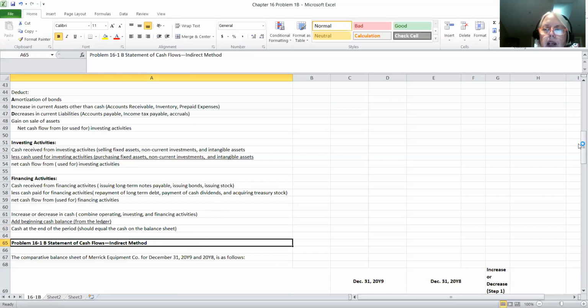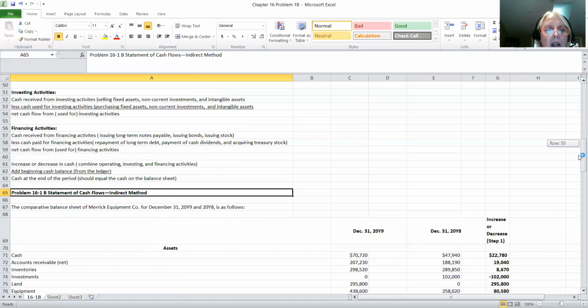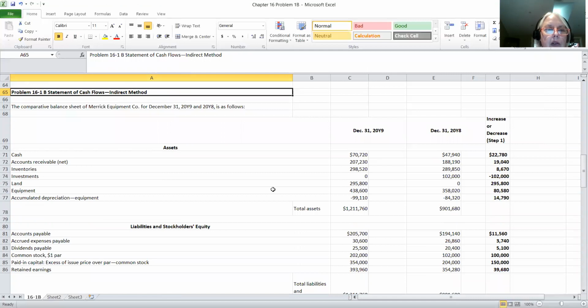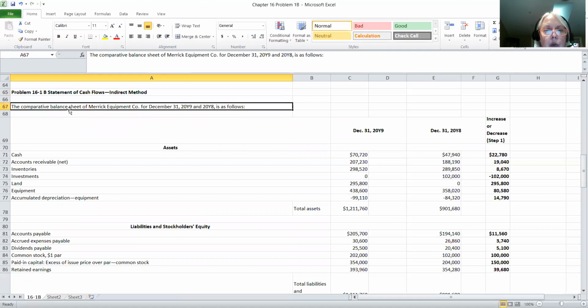In problem 16.1b in Cengage, they're going to ask you to prepare a statement of cash flows for the indirect method. What they do is they give you a balance sheet to analyze for 2 different years.